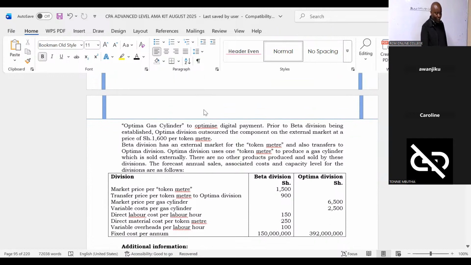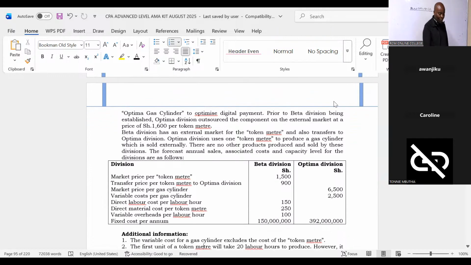To optimize digital payment, prior to Beta Division being established, Optima Division outsourced the component on the external market at a price of 1,600 per token meter. Beta Division has an external market for the token meter and also transfers to Optima Division. Optima Division uses 1 token meter to produce a gas cylinder, which is sold externally. There are no other products produced and sold by these divisions.